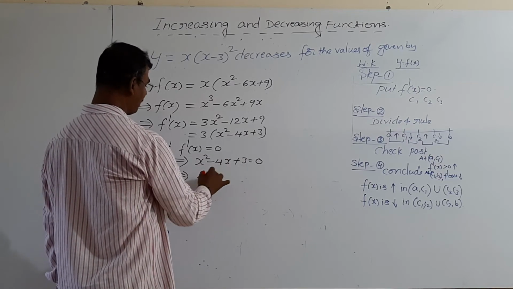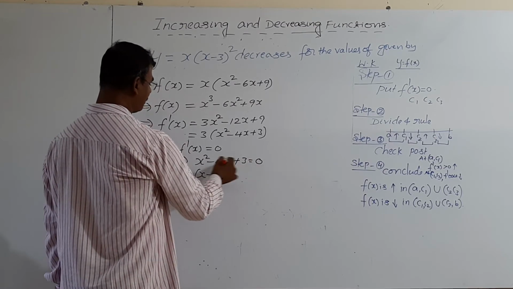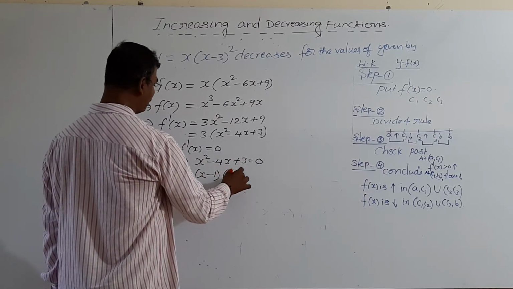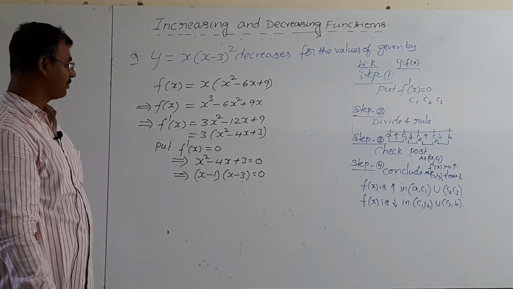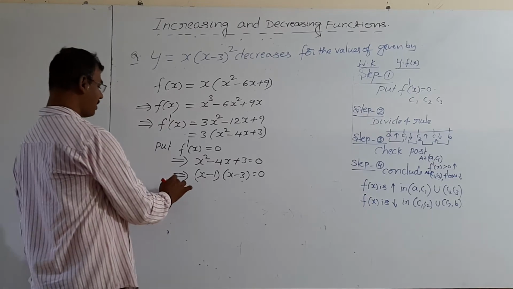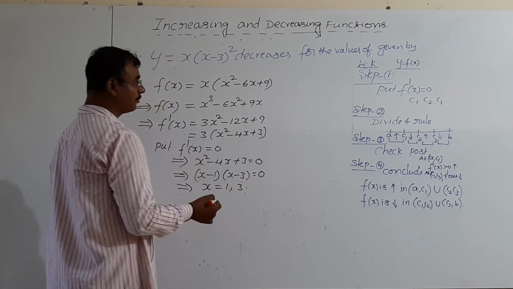So x minus 1 into x minus 3 is equal to 0. So the roots are x is equal to 1 and x is equal to 3.